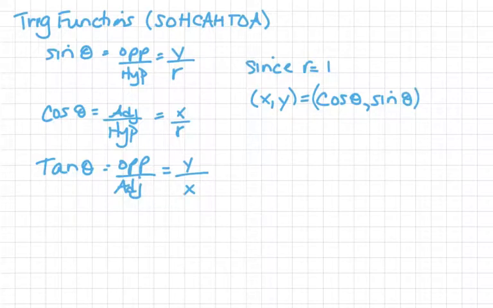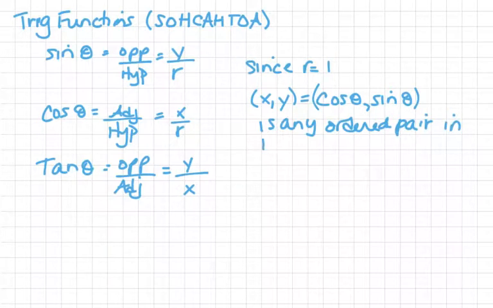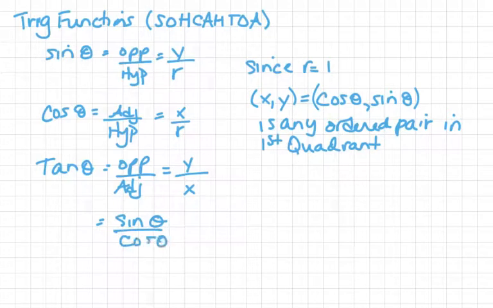That's true for any ordered pair in the first quadrant. So that would mean that your tangent of theta is simply equal to sine of theta over cosine of theta, which is a trig identity that most of you should remember.